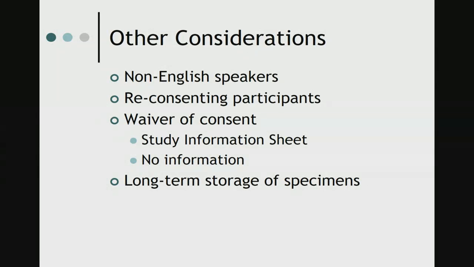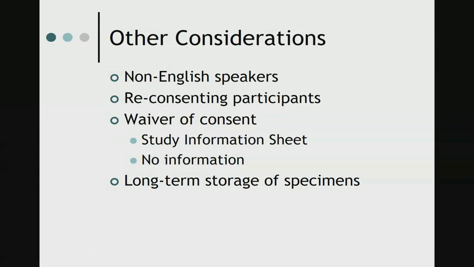In very rare cases, you don't get any information at all. That usually has to do with when you are doing some kind of public observation. So perhaps you're looking at walking behavior across crosswalks or something like that, and you're documenting things, but you're not approaching those people, and then you wouldn't have to get consent.